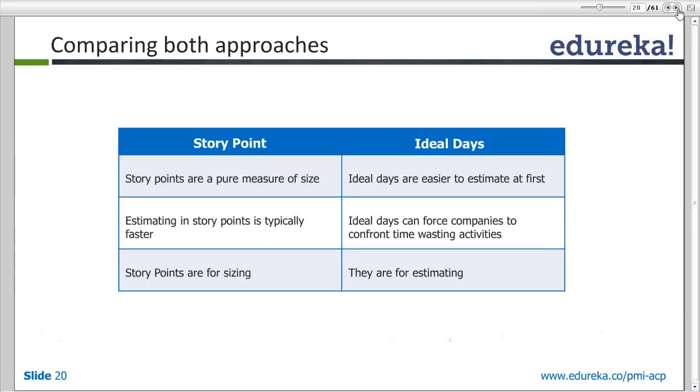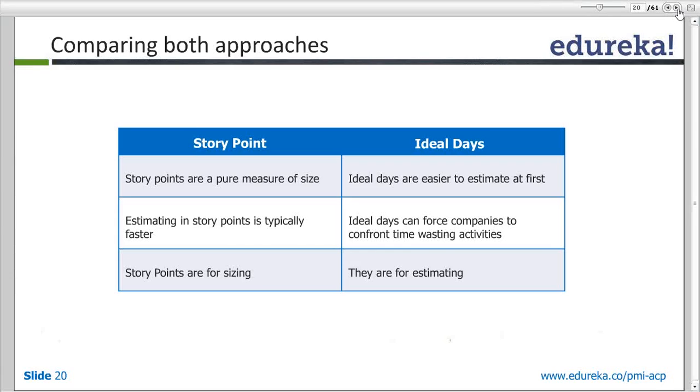But when you start estimating in ideal days, you would start thinking about every possible way. No, I'll go out for lunch. My calendar is too blocked this week, so I would not be able to complete it in 3 hours. It would take more time. The chances of getting distracted are more in ideal days.